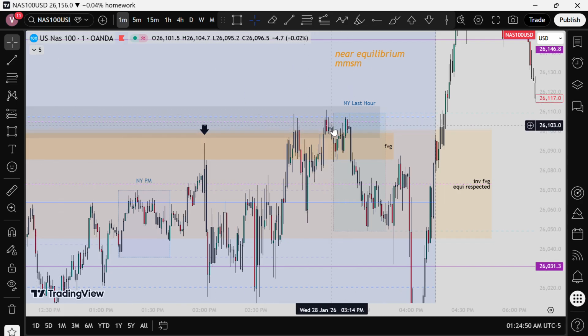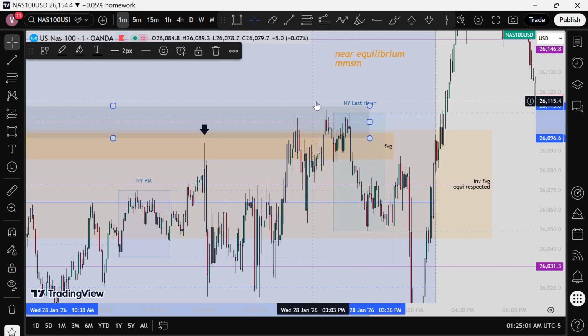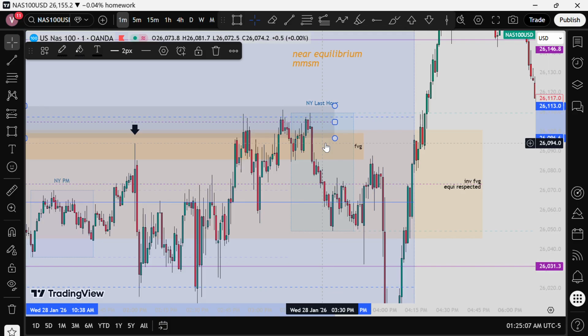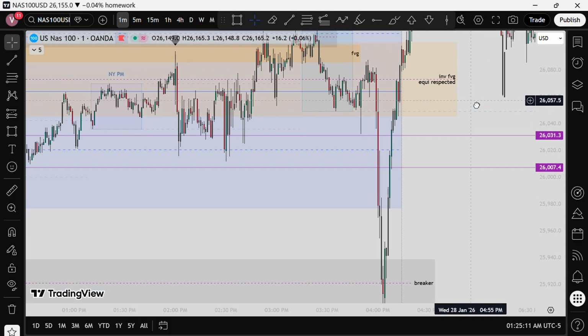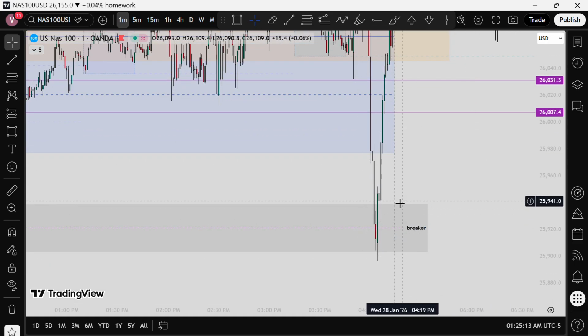In a macro you will find this is New York's last hour. See how the price is reaching into this only left inefficiency, and then it gives a very nice move down till the breaker which we had already marked.